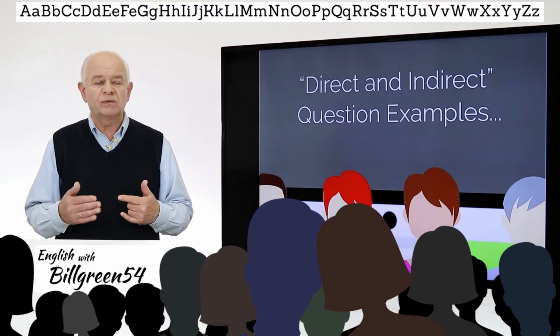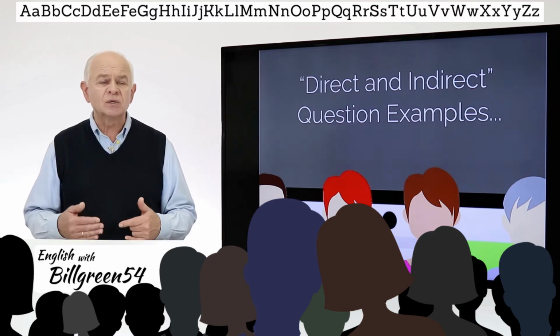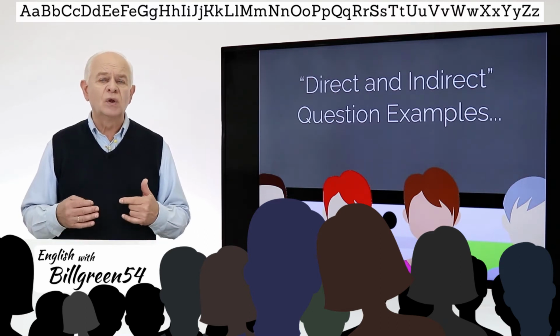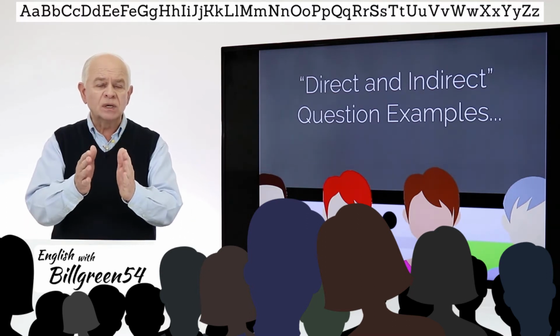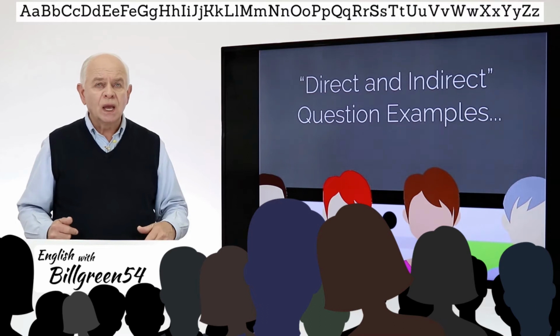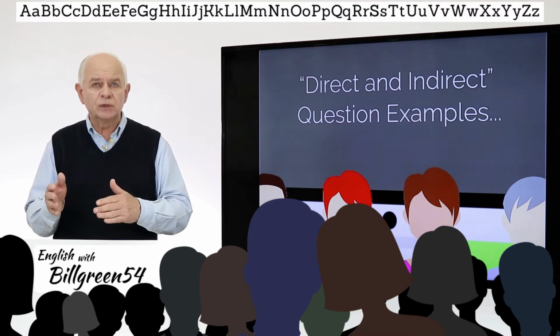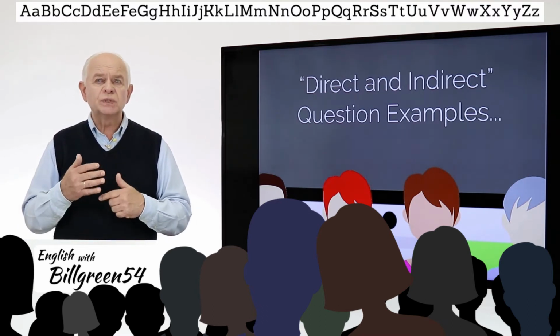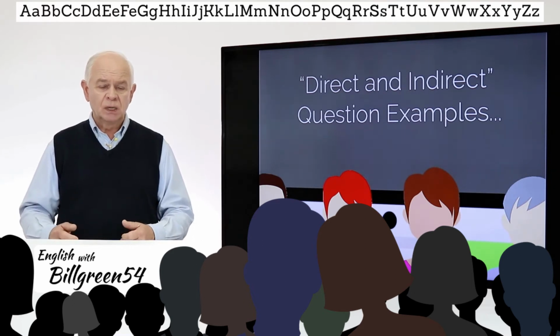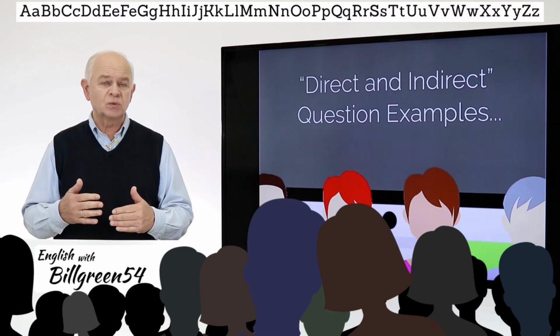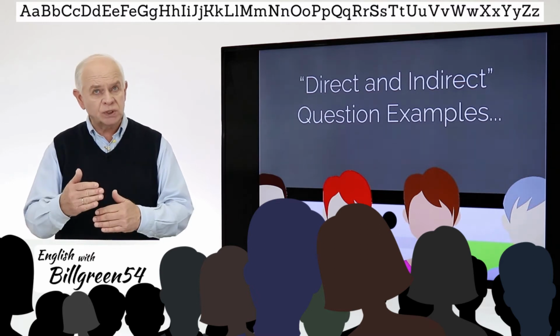Some of you know that I like to focus on questions because questions are the most difficult part of English to learn when we compare positive and negative. At the earliest stages of English, we use positive statements. My name is Bill. When we start asking questions, what is your name? That's a little more challenging.